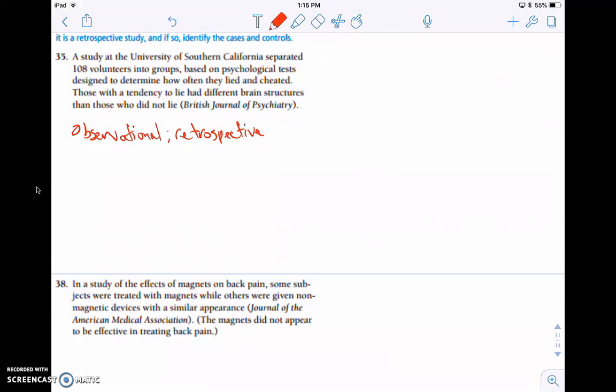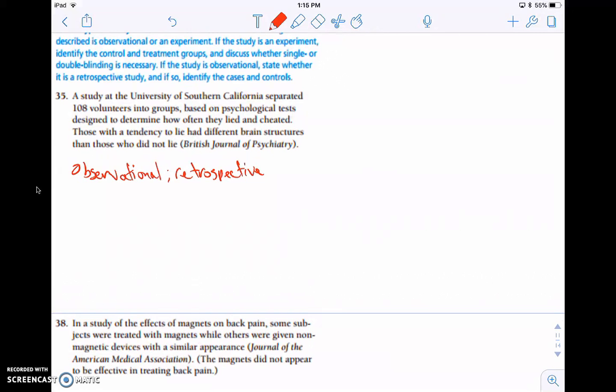So it's retrospective, and when we look at this one, we would say that the cases are basically our volunteers, our individuals who had a tendency to lie. So we'll say those with a tendency to lie. And then our control is going to be the other people.